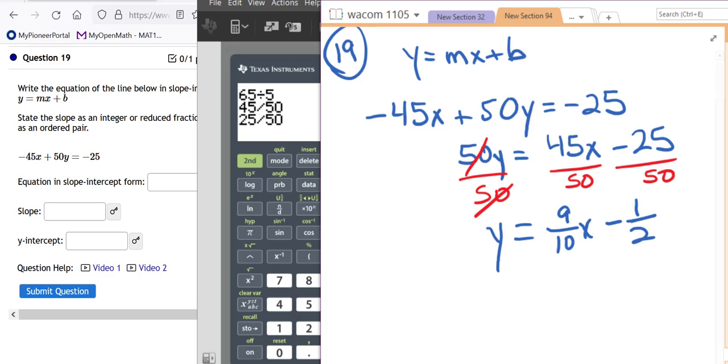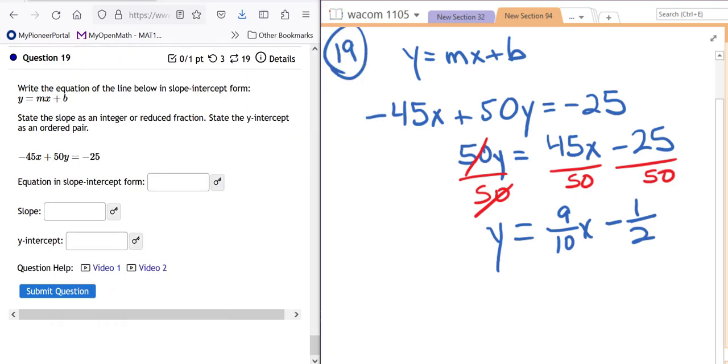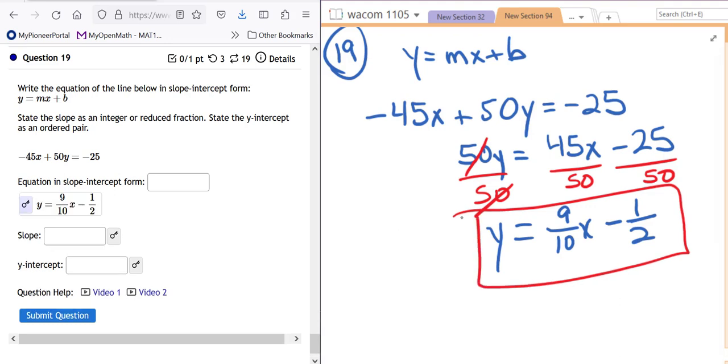All right, I'm going to turn that off because it kind of freaks me out when it shows half of it. All right, so they want us to answer the equation in slope-intercept form. That is what we have. Slope-intercept form. And the slope is 9/10.